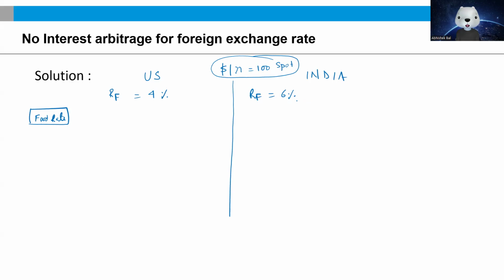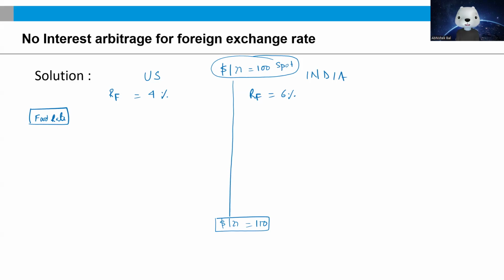Let's arbitrarily pick that one year down the line, the spot rate of USD versus INR happens to be 110. So what has happened? Of course, the rupee has depreciated further by 10%, and the dollar has appreciated. It's no rocket science for us to understand.